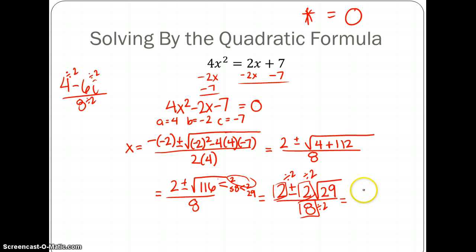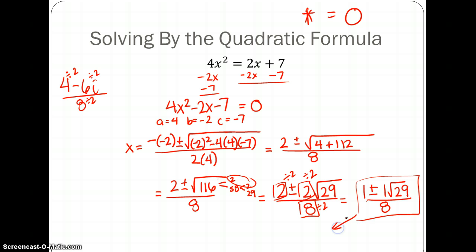So if we divide all of those, 2 divided by 2 is 1, plus or minus 2 divided by 2 is 1 root 29 over 8. This is the exact answer. This would be a completely acceptable answer.